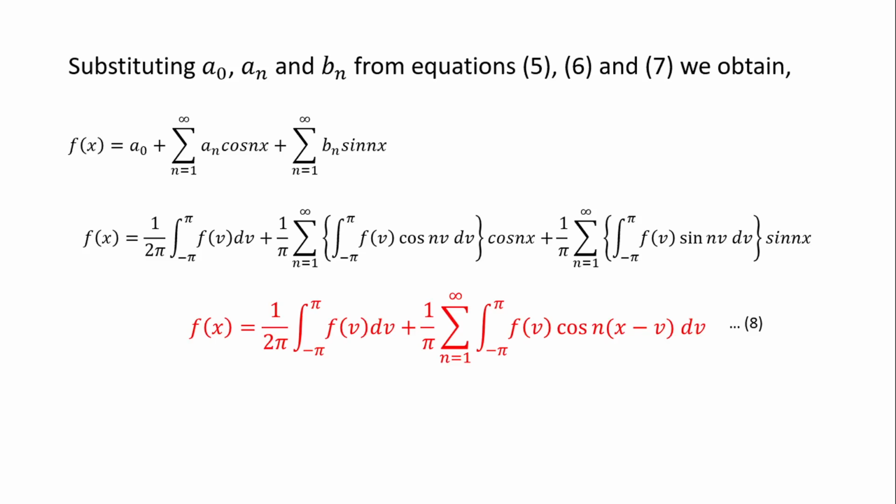So we can combine the second and third terms, and we have the final expression for Fourier series as f(x) equal to 1 by 2 pi integral from minus pi to pi of f(v) dv plus 1 by pi summation n equal to 1 to infinity integral from minus pi to plus pi of f(v) cos n(x minus v) dv. So this is equation 8, where we substituted the evaluated values of the coefficients a0, an and bn, and we obtained this final equation.